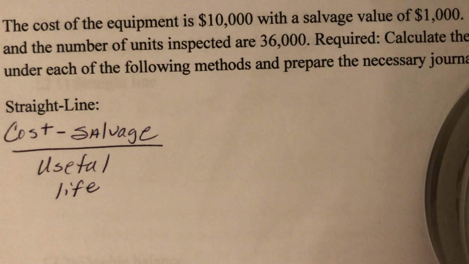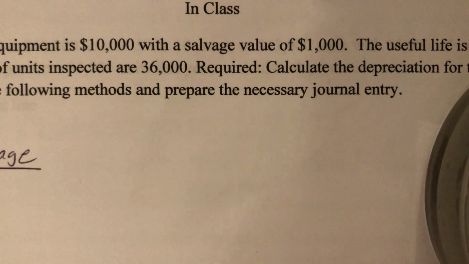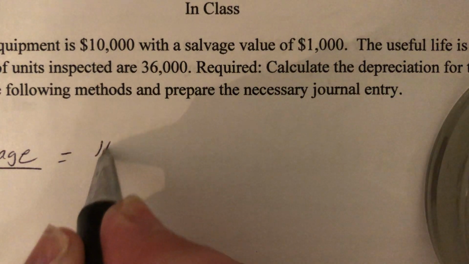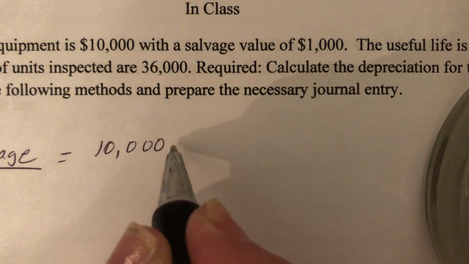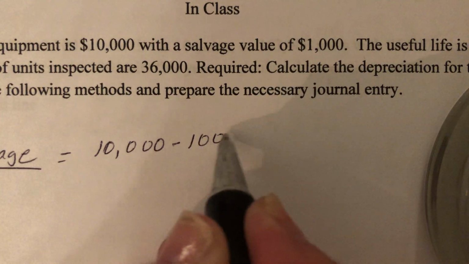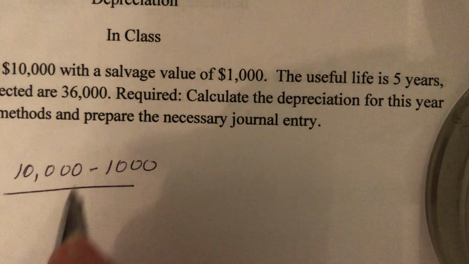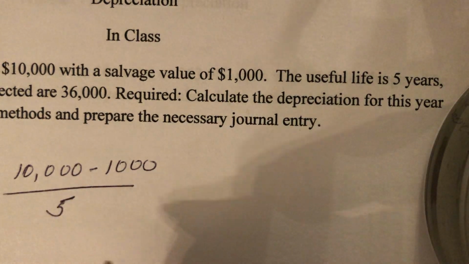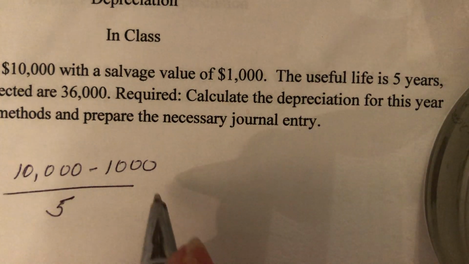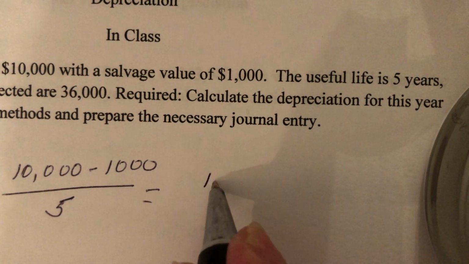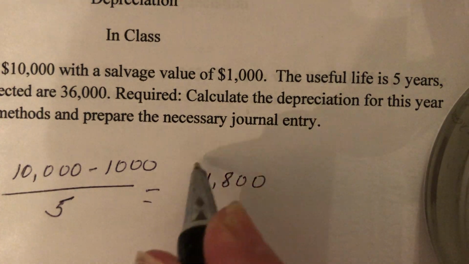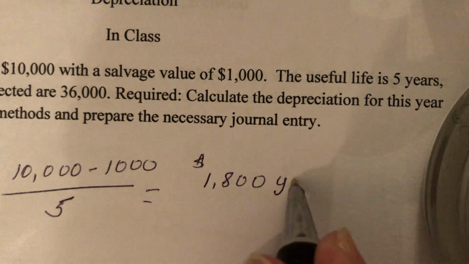So the cost here was $10,000. Salvage value is $1,000. And we expect to use this machine for 5 years. So that would be $9,000 divided by 5. Every year we will depreciate this machine at $1,800 per year.